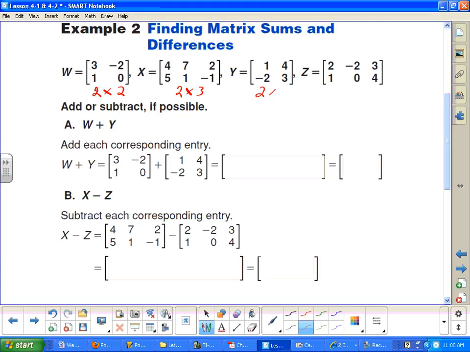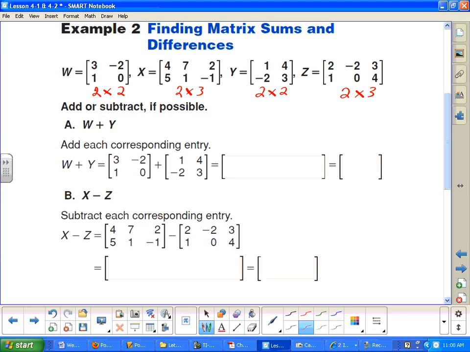Y is a 2 by 2. And Z is a 2 by 3. So I can only combine W and Y because they're the same size, and X and Z because they're the same size. If I ever try to add or subtract any of the other ones, I can't do it because they're different dimensions.